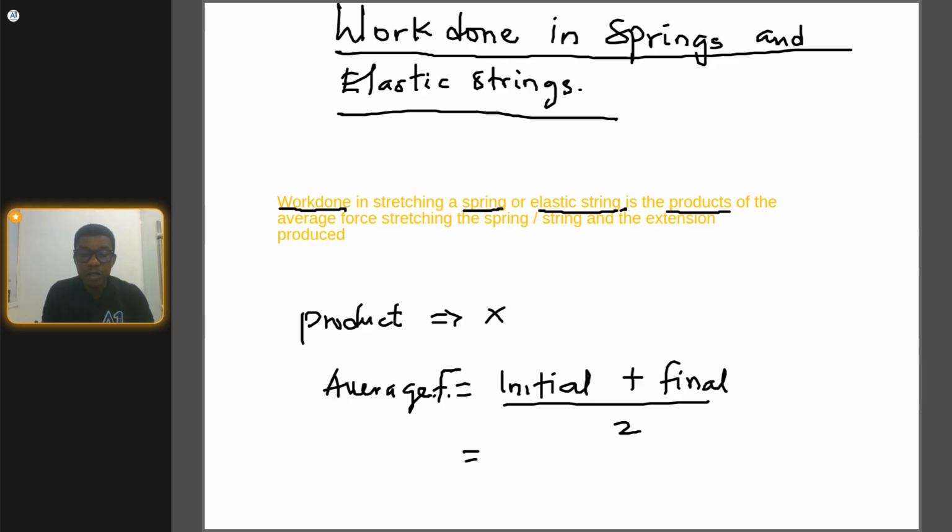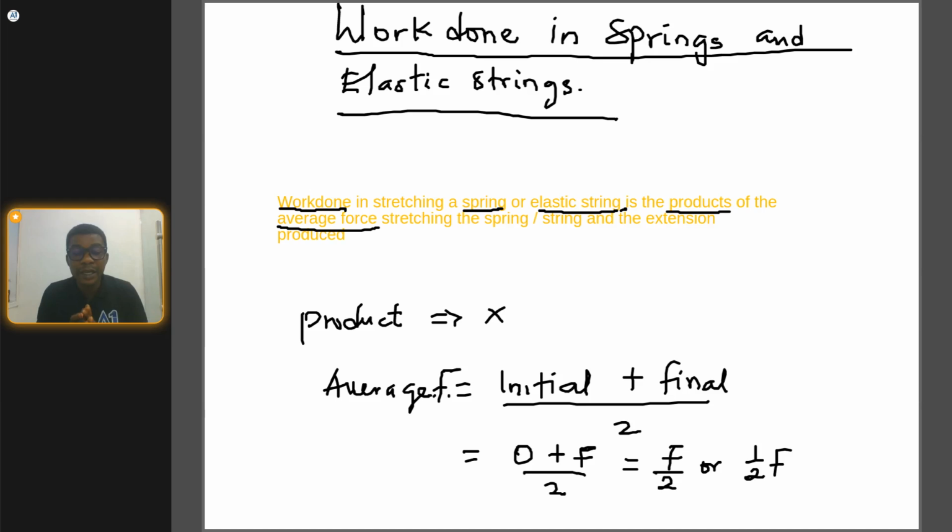That will be equal to the initial, which is taken to be 0 Newton, plus the final force, which is going to be a particular value. Let's use F to represent final, over 2. This is equal to F over 2. That's the average force, F over 2, or we write it as 1 over 2 F.